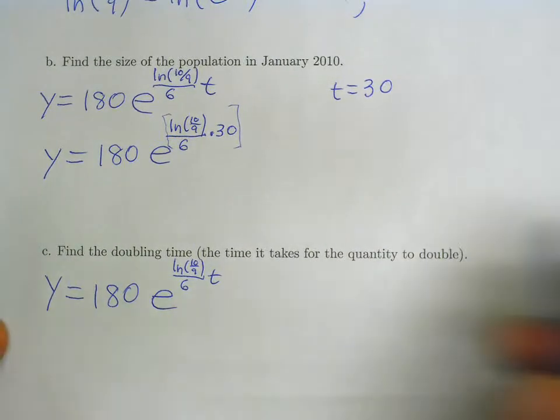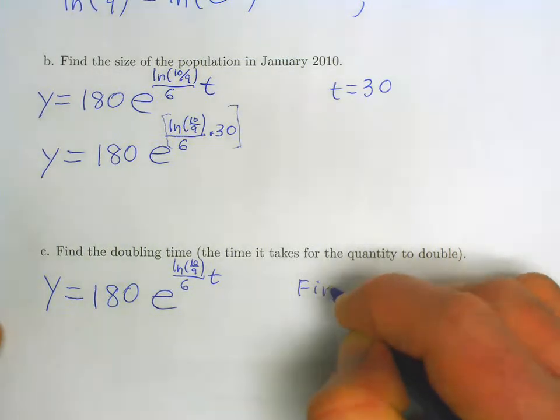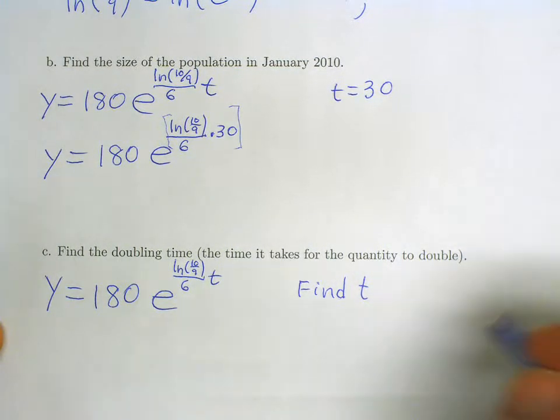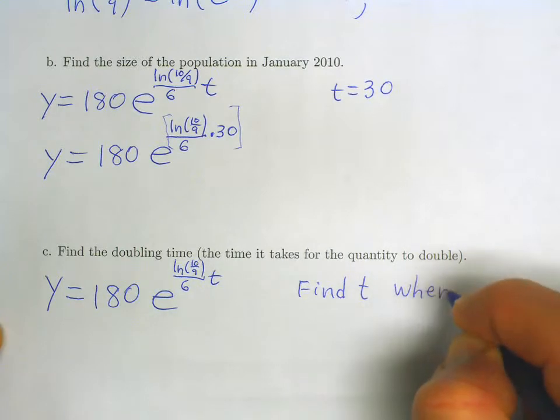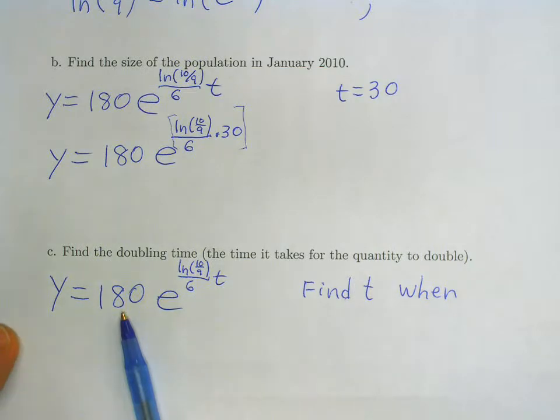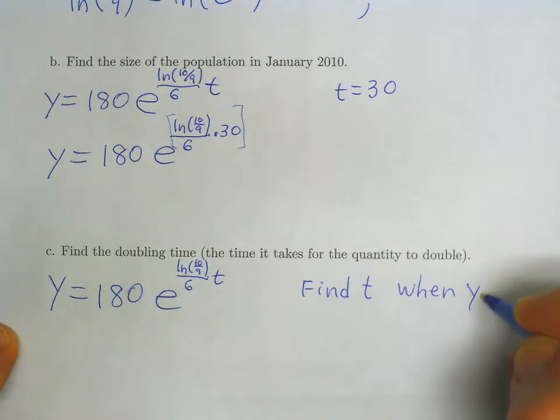So for the doubling time, we want to find the amount of time t, the value of t when y is 2 times the initial population. So when y is 360.